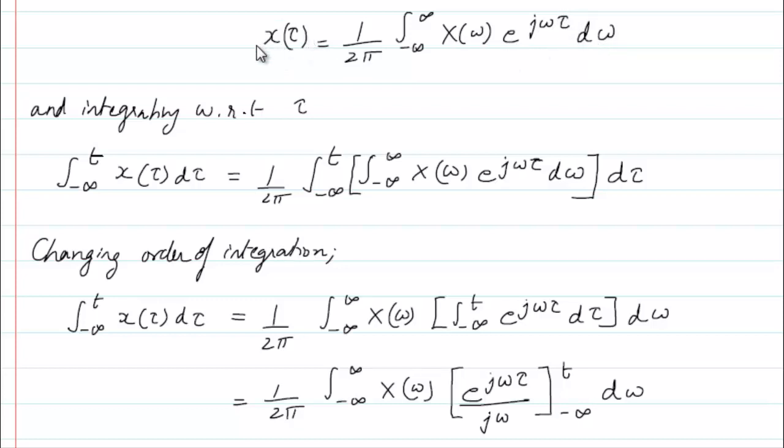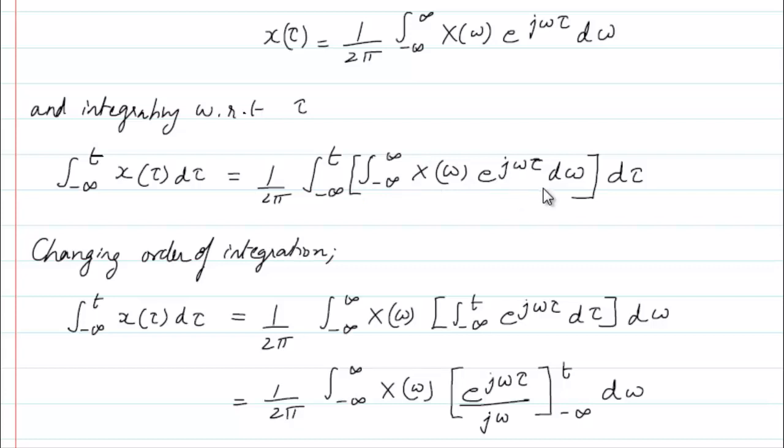Now I am going to integrate this with respect to tau, so I will write x of tau d tau, integral from minus infinity to t. Now this whole function is a function of t. Here also I have to integrate with respect to tau, so that is exactly what we have written here. The same integration is done on the right hand side also.